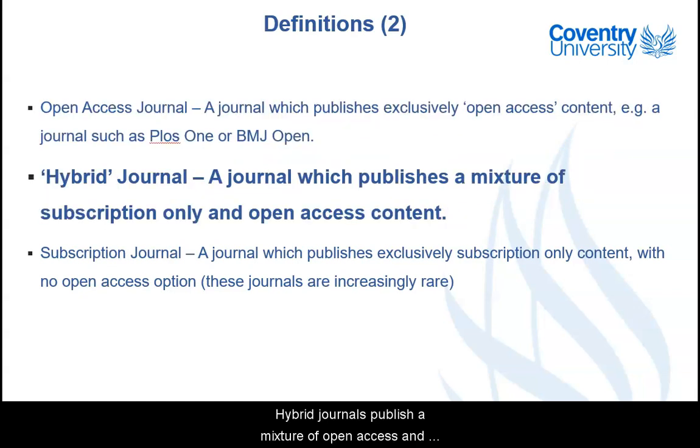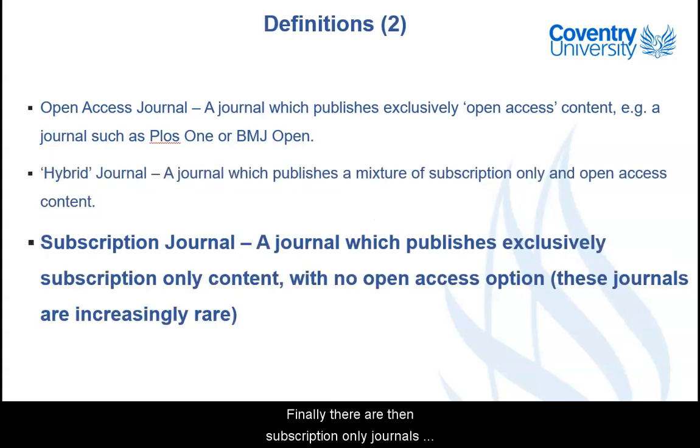Hybrid journals publish a mixture of open access and subscription-only content. The journals operated by many major publishers have now switched to this model. Finally, there are then subscription-only journals which don't offer an article-by-article open access option. There are increasingly few publications like this, and they will primarily be published by smaller, more specialist publishers.